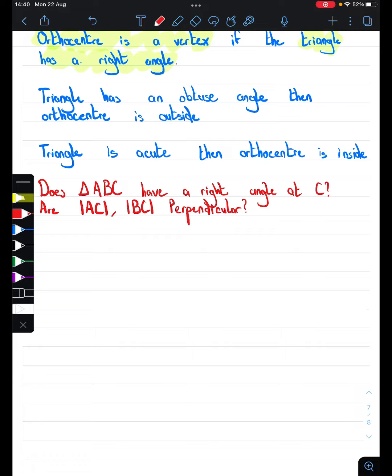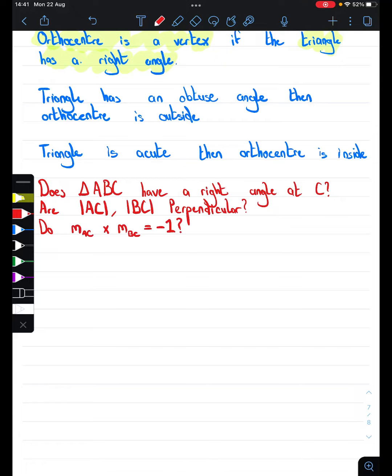And we know that two lines are perpendicular if their slopes multiply to -1. So do M_AC, the slope of the line AC, times the slope of the line BC, equal -1?